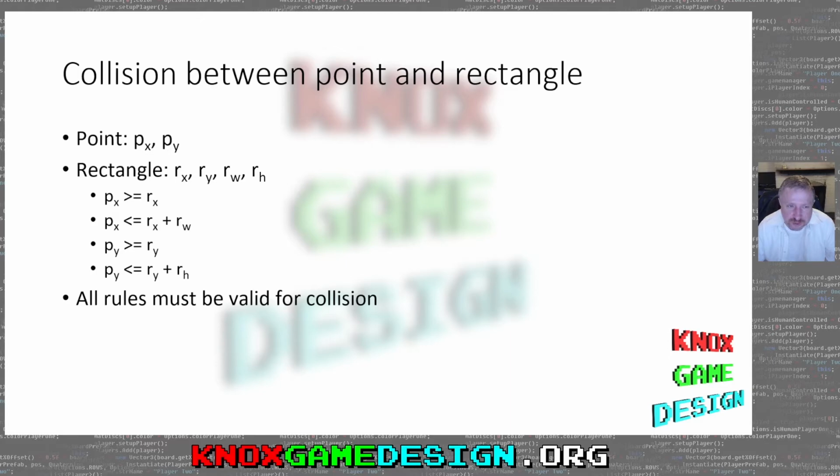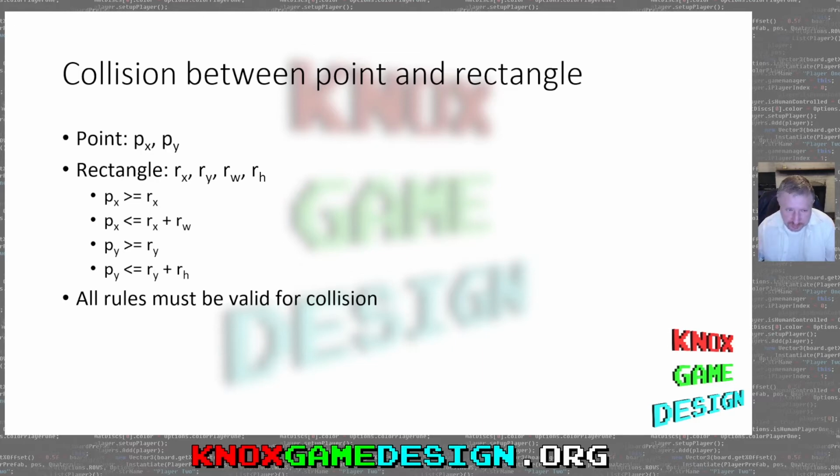So if the point x is greater than the rectangle x, and the point x is less than the rectangle's x plus the width, then we know the point resides within the rectangle, or it's between the rectangle's two x values.